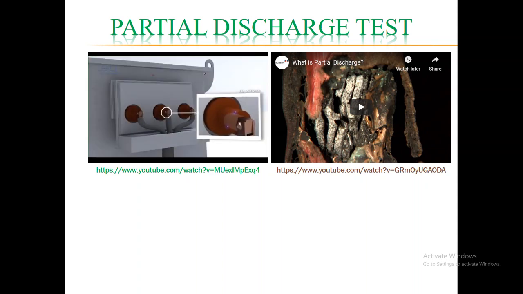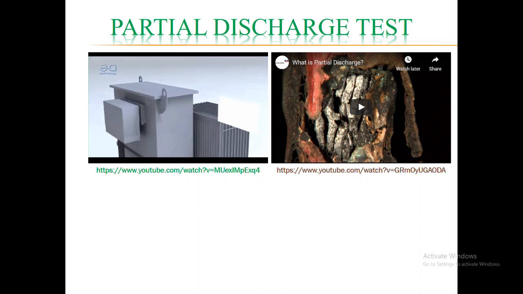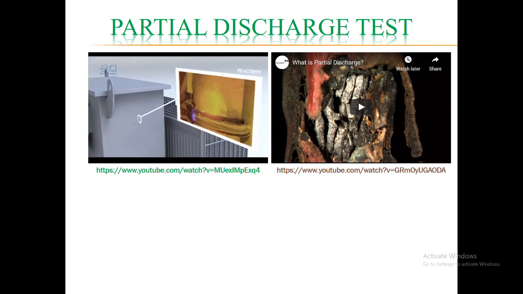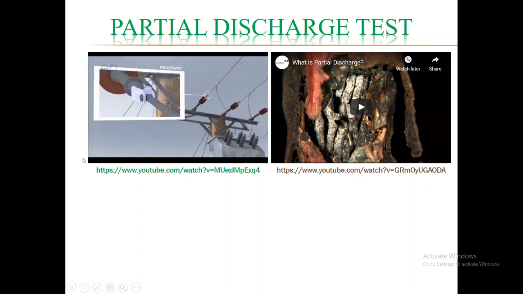It can occur in voids within solid insulation, across the surface of insulating material, within gas bubbles in liquid insulation, or around an electrode in gas in the form of corona.